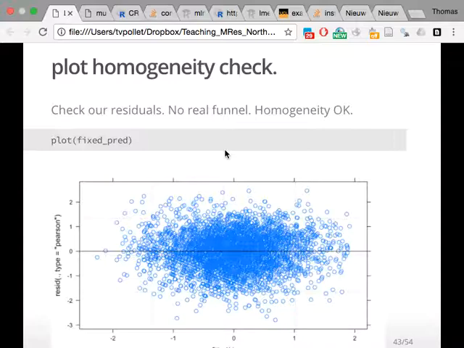Perhaps you differ, but I don't see any type of funnel in one direction or the other. So that's good. It means across the values of the fixed predictor, we're always making the same type of error. Homogeneity of variance is an issue if we have a funnel, because it means we're making more errors along one side of the predictor as opposed to the other side.